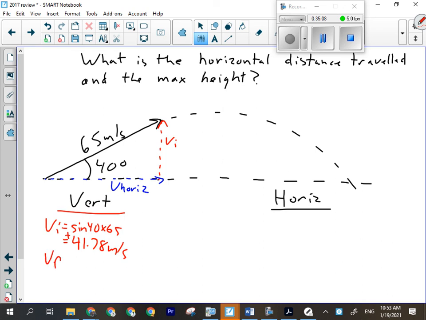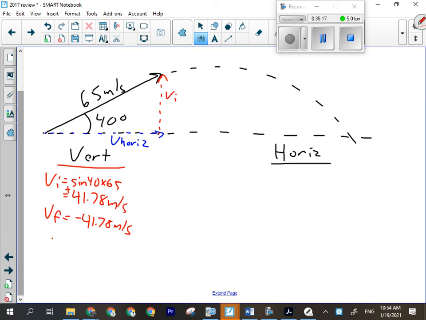What's VF if we're talking about the whole trip? Negative 41.78. Okay, so we got that. And the other thing we know vertically, acceleration, negative 9.81 meters per second squared. All right, so that's the vertical information we have. We also said we needed to calculate the horizontal speed.